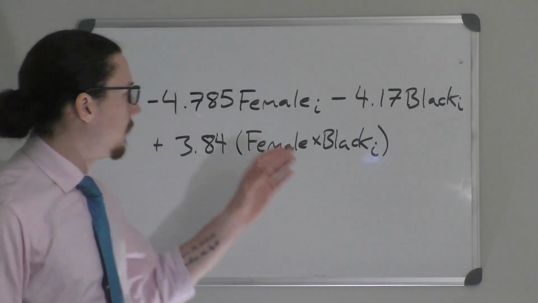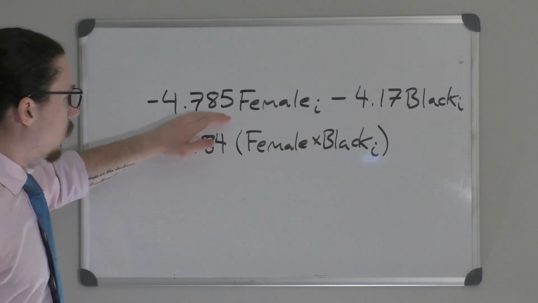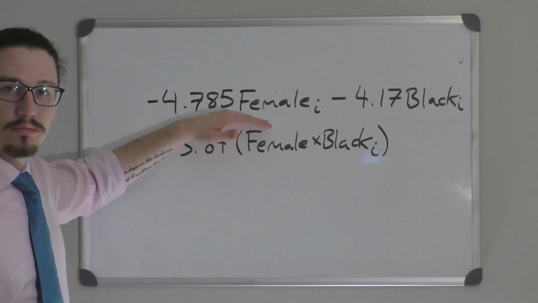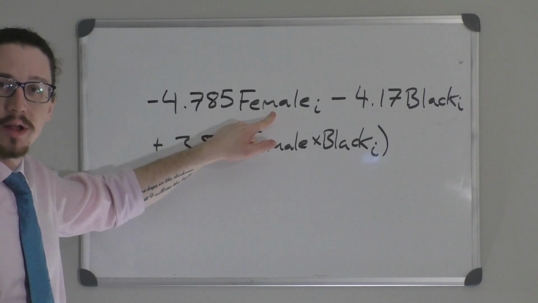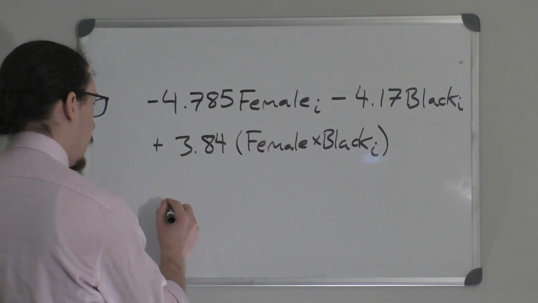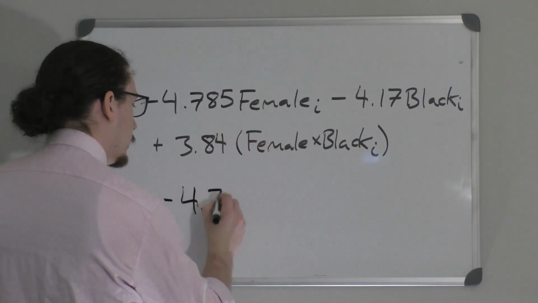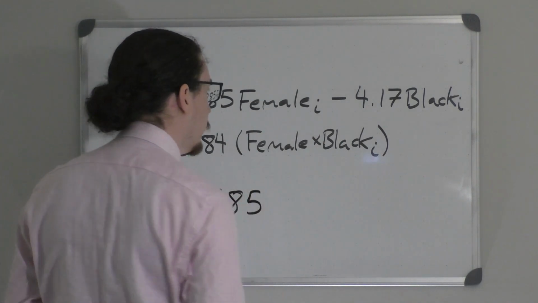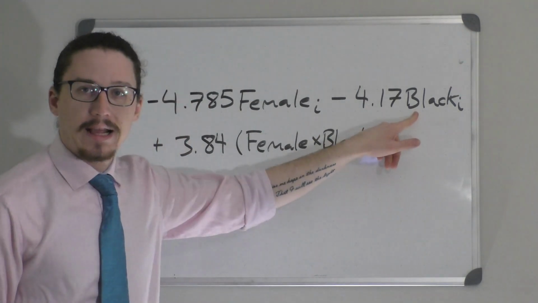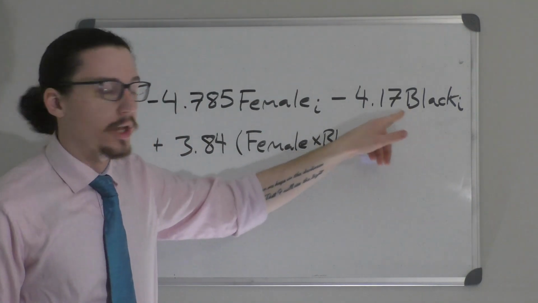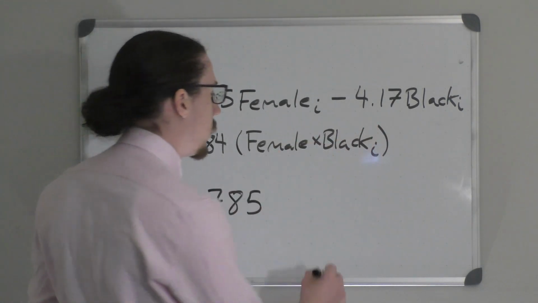So when we're looking at the effect on wages for being a black female, we're going to say, well, when we do this, female is going to be a 1, so we're going to have minus 4.785.